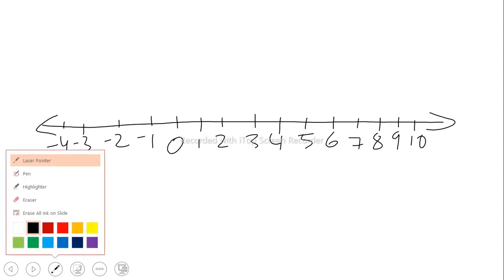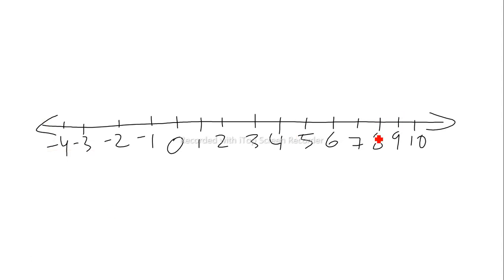Very good. So some numbers that are less than 9 are going to be 8, 7, 6, 5, 4, 3, 2, 1. All these numbers on the left side of 9, all the way going to the left, continue on forever and ever. So what we're going to do is first circle the place where the 9 is.